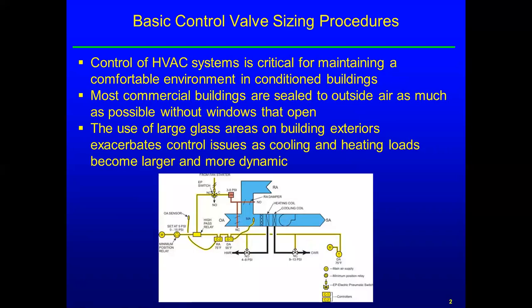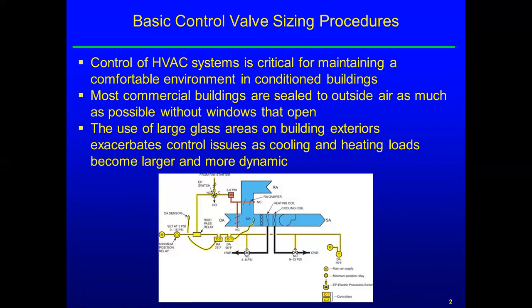So this is basic system control and valve sizing procedures. Control of HVAC systems is obviously critical if we're going to maintain comfort conditions. Commercial buildings are usually sealed. Some will allow you to open windows, but generally speaking, the windows can't be opened. And we also use large amounts of glass in these buildings, at least in the lobby and some areas.